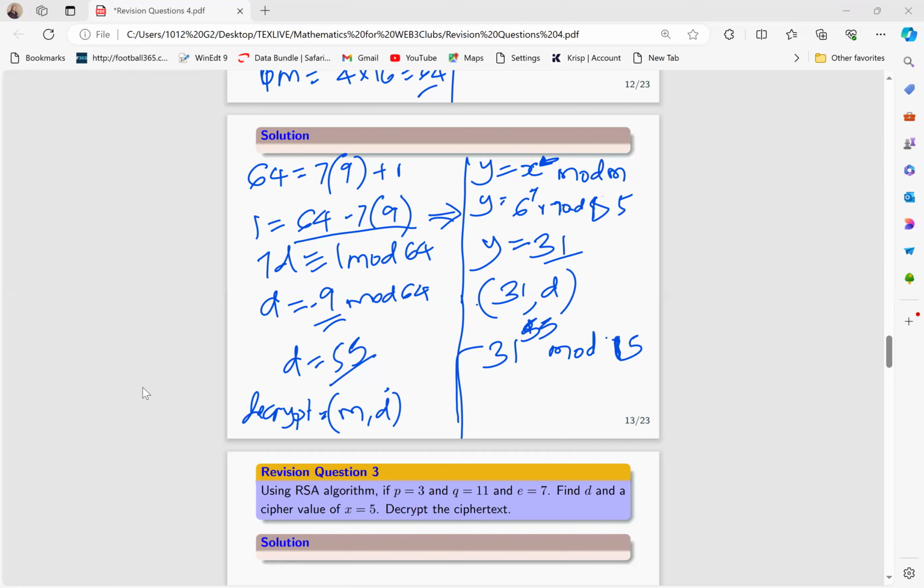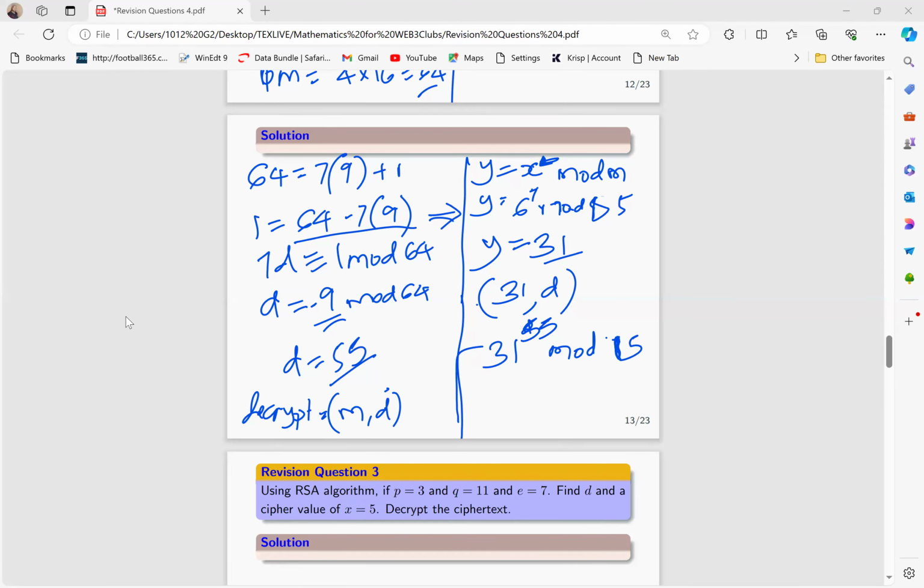From this public key, I was able to get P and Q. Then the intruder will show us how she did to get P and Q. Then from P and Q, she gets phi of M. Then she's able to proceed and get the decryption key, which only this one has. She'll again explain how she did that.